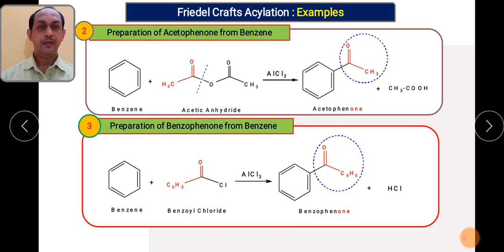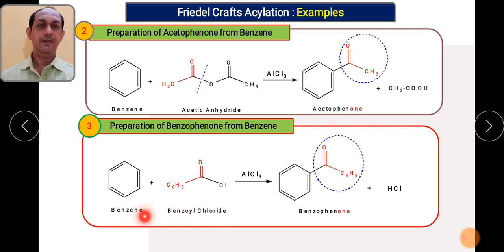Now let us see the preparation of benzophenone. As we know, what is the structure of benzophenone? A phenyl ring, that is a benzene ring, attached to the CO, then again attached to a phenyl ring. So this is the structure. Now see the reaction vice versa. How can we prepare this particular compound? There must be two parts: one is benzene and the other is the benzoyl part. How can we bring it? We can bring it from benzoyl chloride.